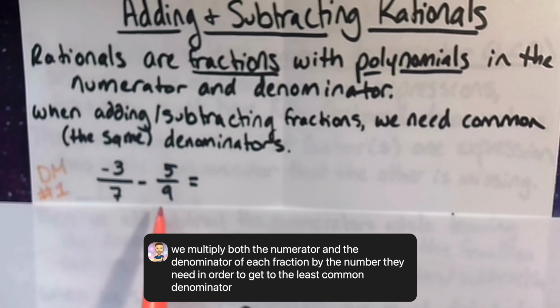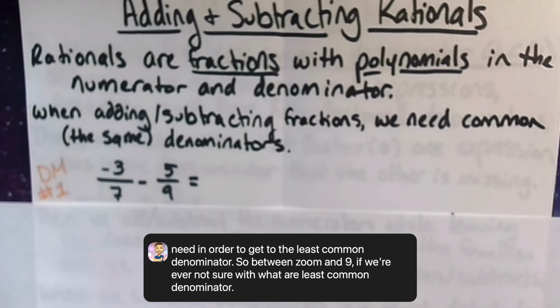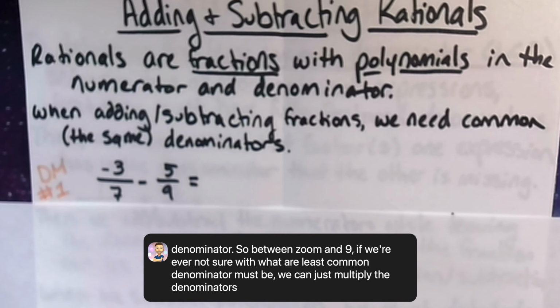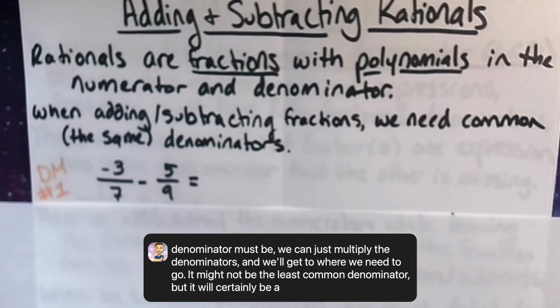So between 7 and 9, if we're ever not sure what our least common denominator must be, we can just multiply the denominators and we'll get to where we need to go. It might not be the least common denominator, but it will certainly be a common denominator.